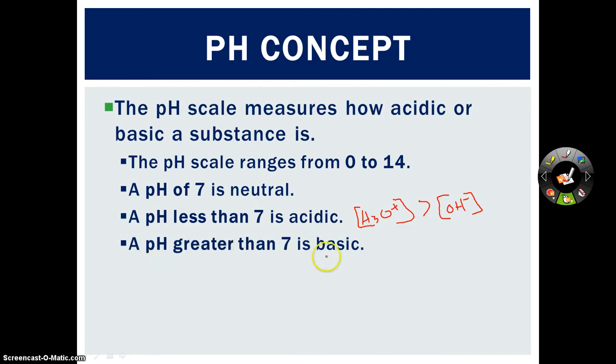And a pH greater than 7 is basic and indicates hydroxide ion concentration is greater than hydronium ion concentration. So 7 is neutral, less than 7 acid, greater than 7 it's a base.